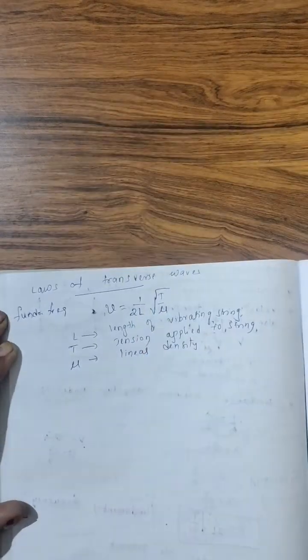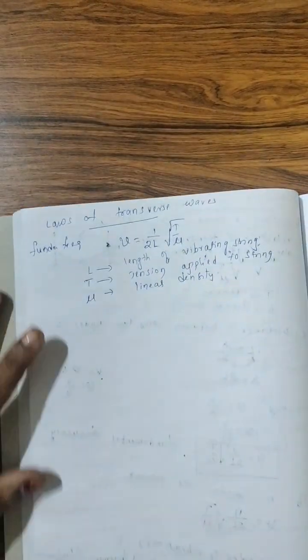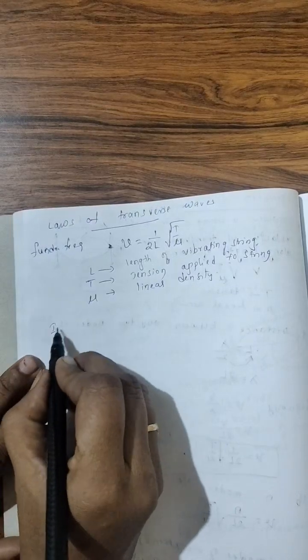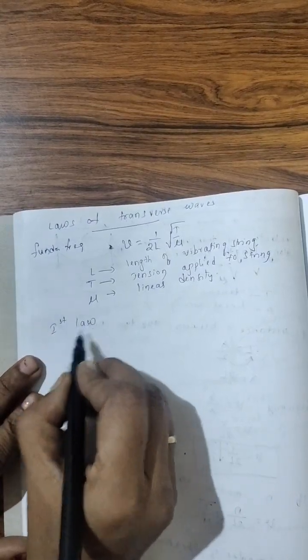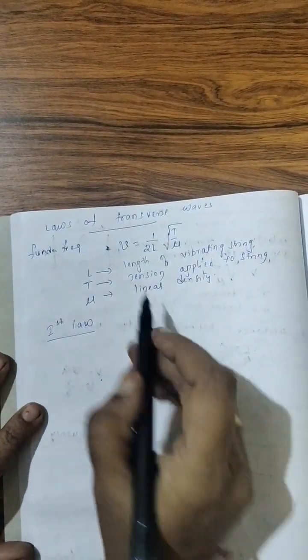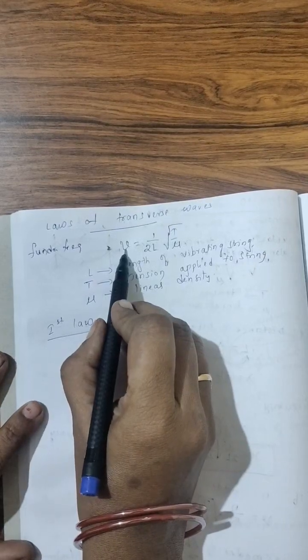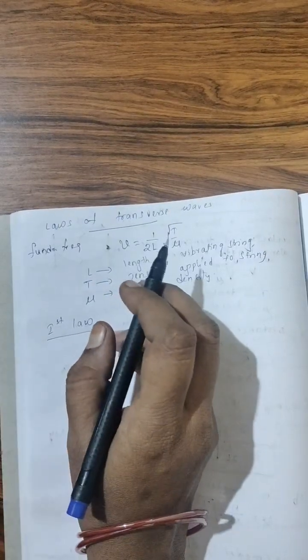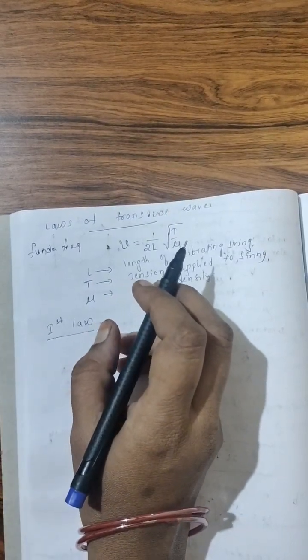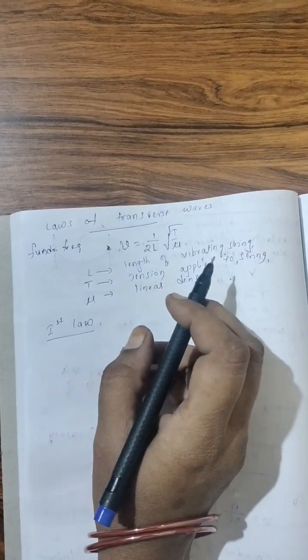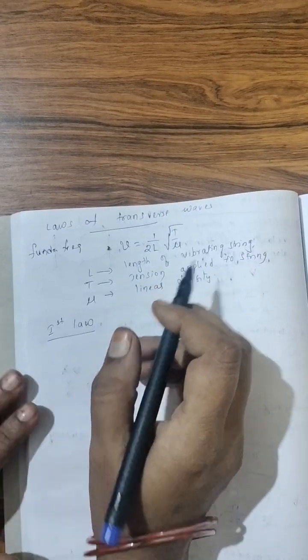You must know these three. Right? Now, first law. We are finding the fundamental frequency in three laws. Three laws we will have. We are finding fundamental frequency of vibrating string.